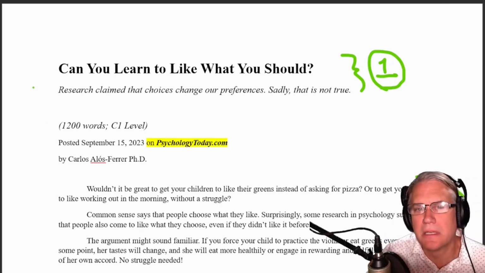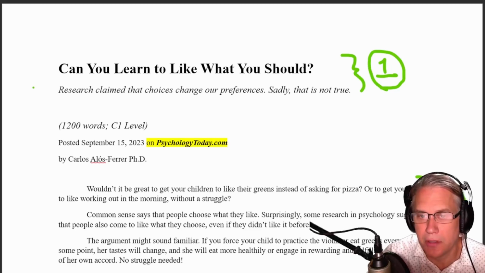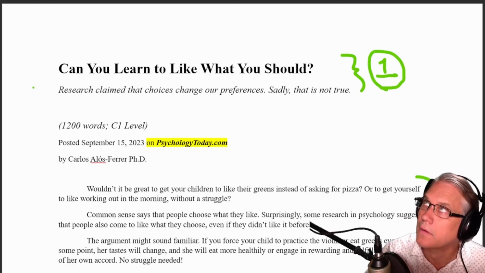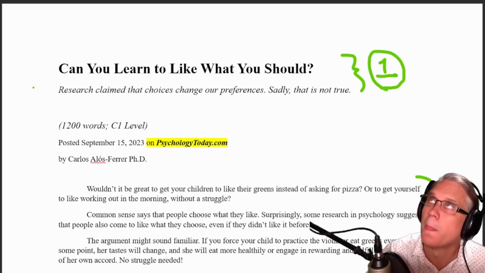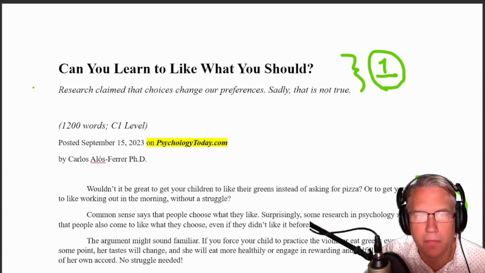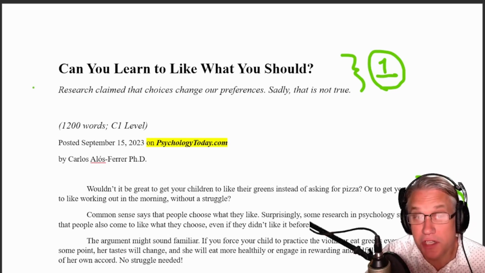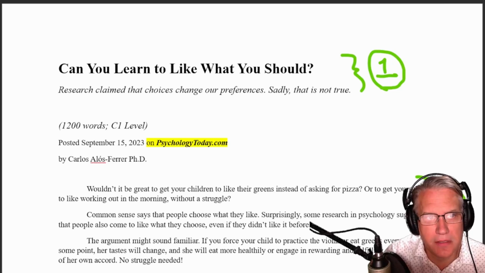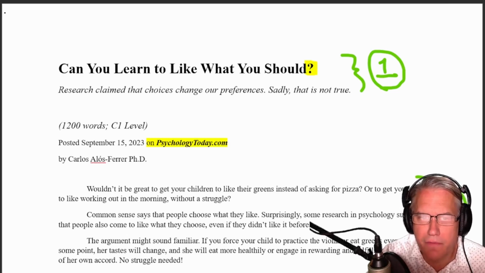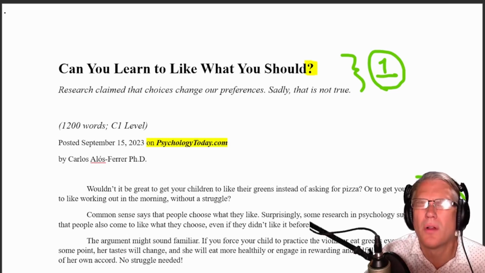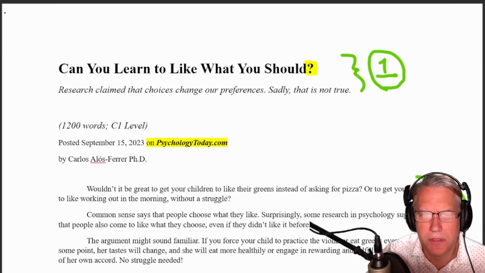Can you learn to like what you should? Okay, so that's the title, which is confusing, I think. It's a question, right? We see that this is a question. And the title doesn't really have what we would call content words in it.